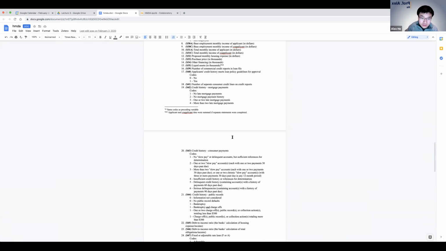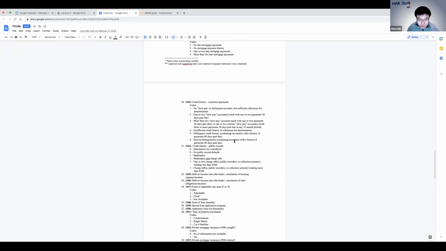And our goal here is to test whether race is a significant predictor of the approval decision, because by law it should not be, but this is the data and we're actually going to test whether that is a significant factor.